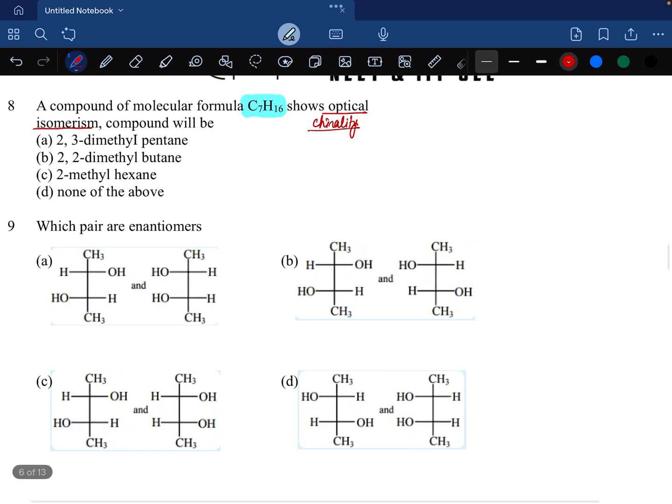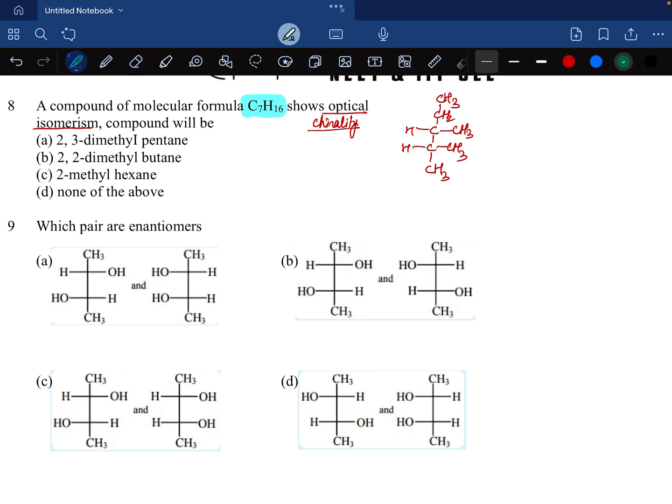So 2,3 dimethyl pentane. Pent means 1, 2, 3, 4 and 5. 2,3 dimethyl. Second position we have methyl group. Third position also we have methyl group. This is CH3. Okay, here H, H, H2 and H3. Do we have chirality here?